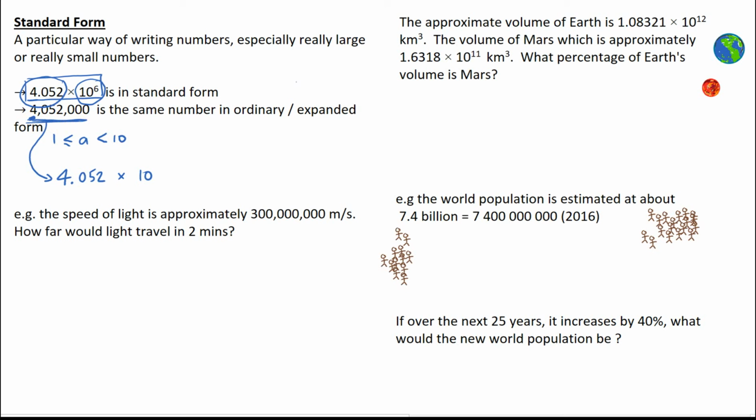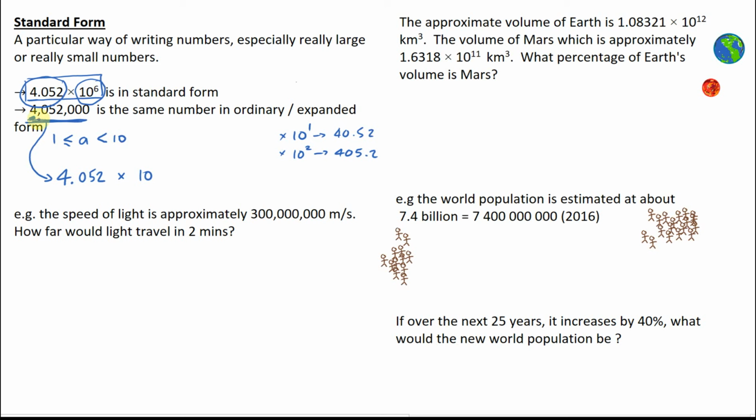So if we multiply 4.052 by 10 to the power of 1, we get 40.52. If we multiply 4.052 by 10 to the power of 2, which is 100, we'll get 405.2. So what power of 10 must this be in order to get back to our original number?